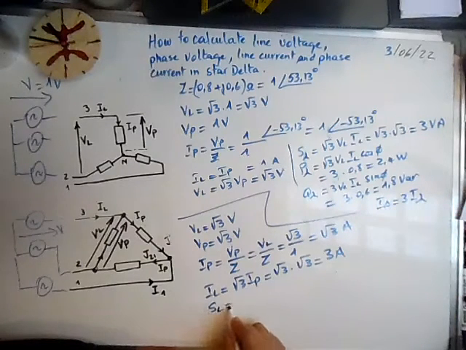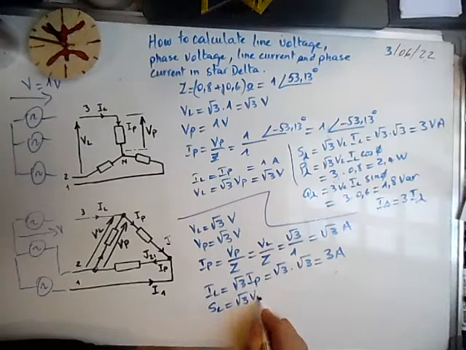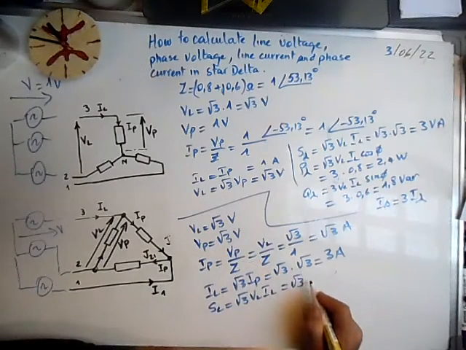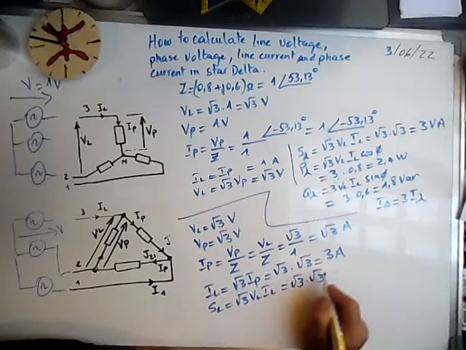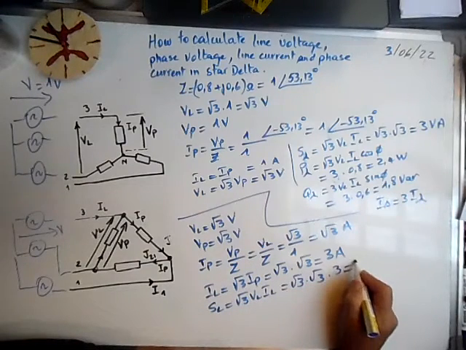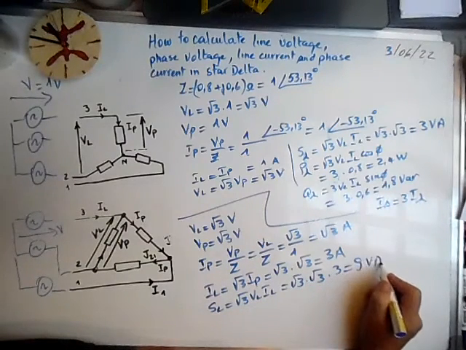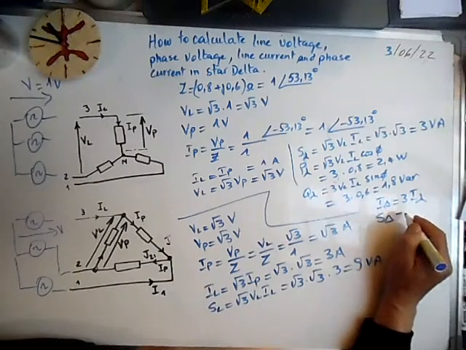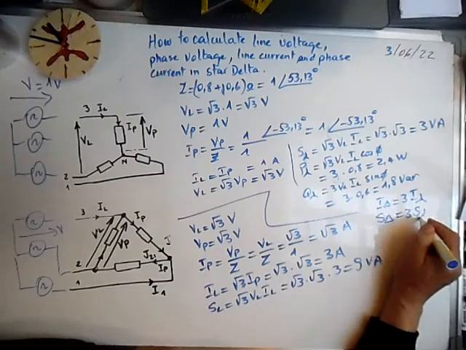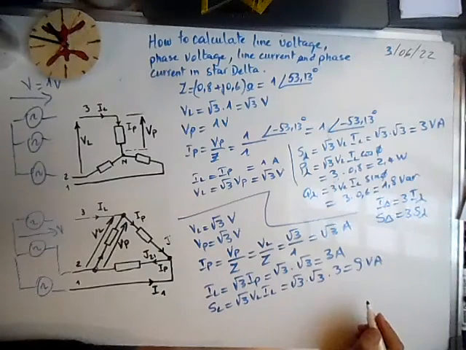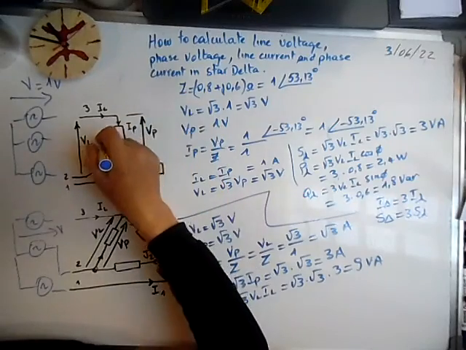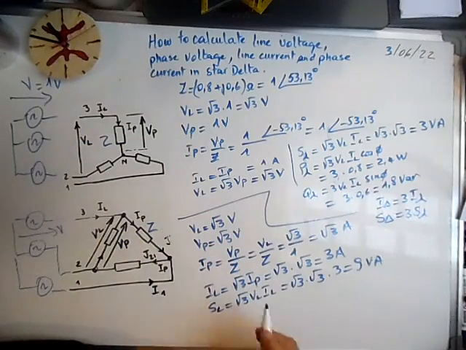Let's calculate SL, square root of 3 VL IL, square root of 3 times square root of 3 times 3, it means it's 9 volt amps. It means that S in delta connection is 3 times S in star connection for the same load. This load is the same here and here.